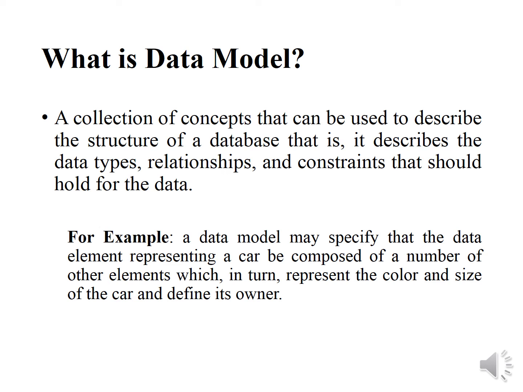A data model may specify that the data element representing a car be composed of a number of other elements, which in turn represent the color, size, and its owner. So mainly the concepts provided by the data model are used to describe the structure of the database.